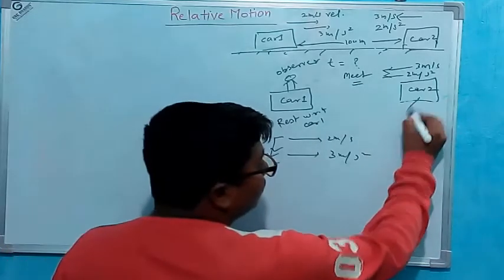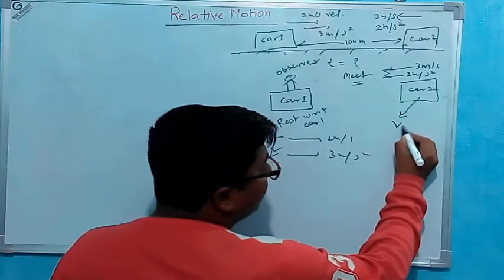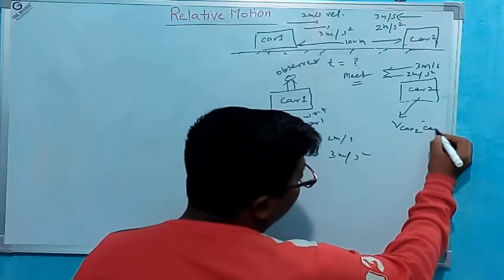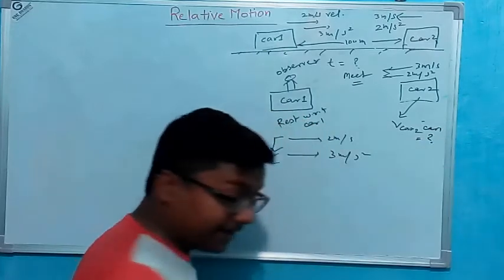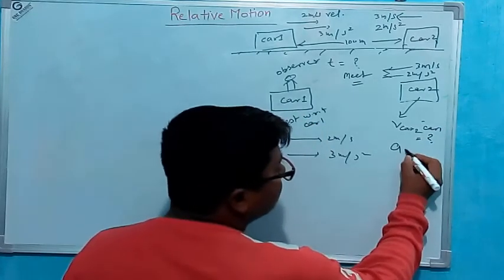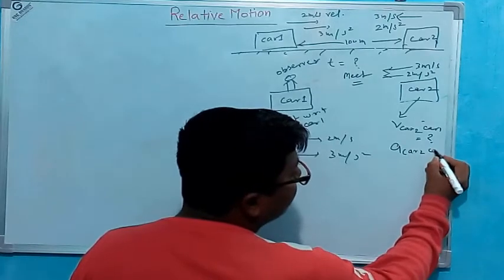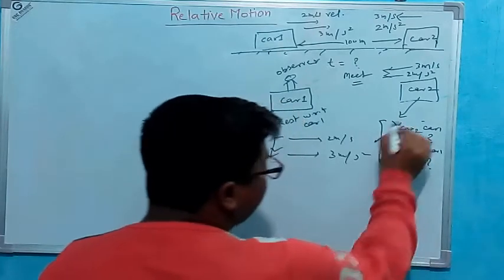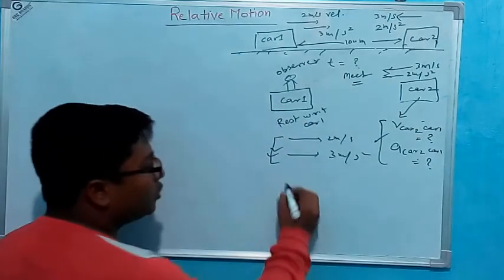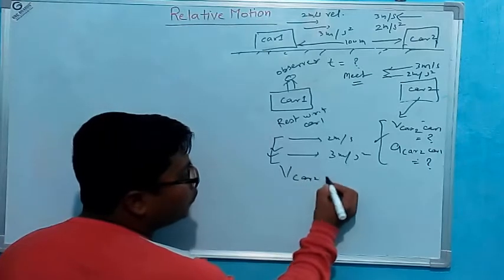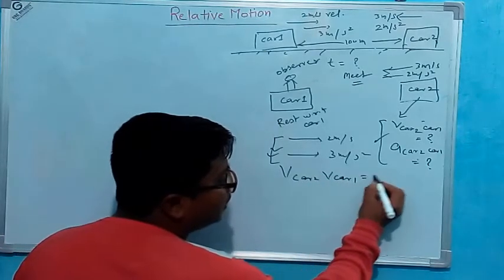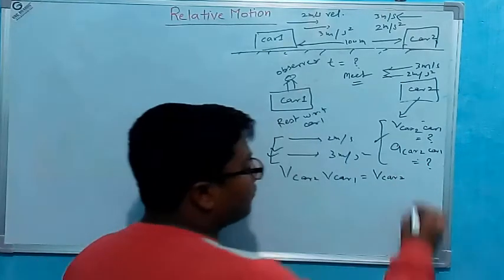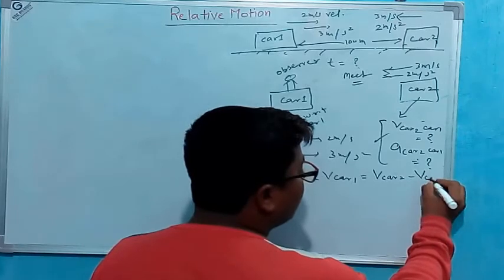Okay, so the relative velocity of car 2 with respect to car 1 we have to find firstly, and the relative acceleration of car 2 with respect to car 1 we have to find. So the relative velocity of car 2 with respect to car 1 is velocity of car 2 minus velocity of car 1.